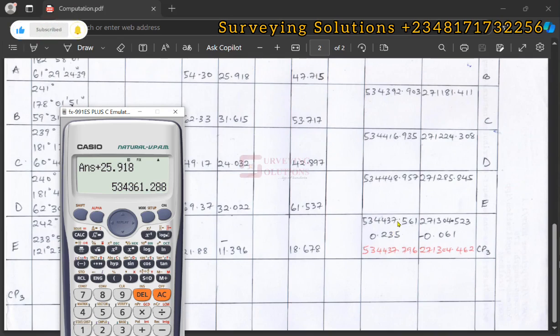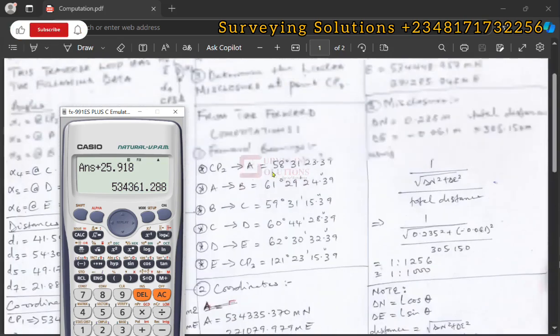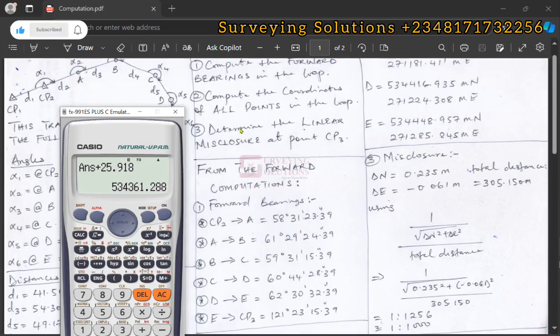Now when you get to this point, you compare the coordinate that you would have computed with the coordinate that is given, because CP3 is a known point, a control, right? Good. Since it is a control, the value is given. That's this value in red. So you now compare these two values. Whatever difference you have is the misclosure, and that is the third part of the task, right?